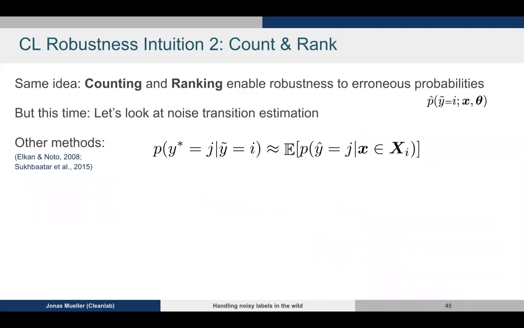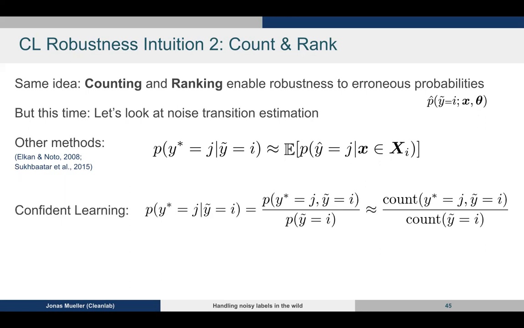Also, this idea of counting. Some of the more classical methods in this space tried to directly estimate the transition matrix of given versus observed label through these model predicted probabilities, some kind of averaging of them. Instead, confident learning does a form of counting of this matrix, where it's thresholding these predicted probabilities and then counting things.